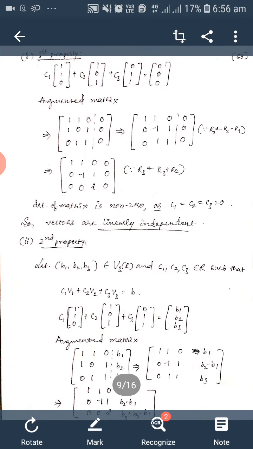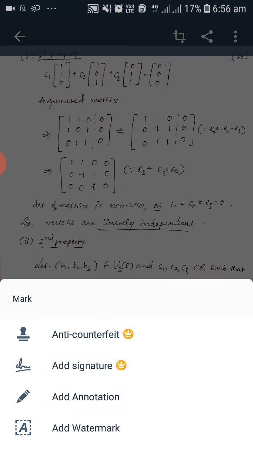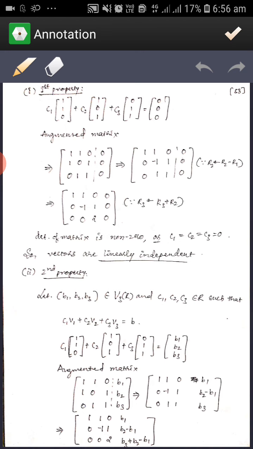From the starting itself we need to consider b1, b2, b3. Whatever row operations we did here will apply to b also. First it is as it is, b1, b2, b3.